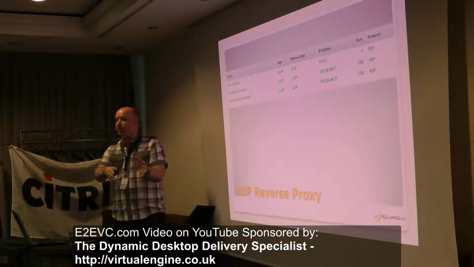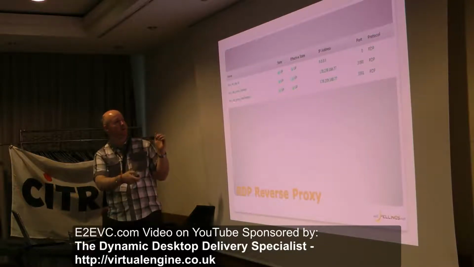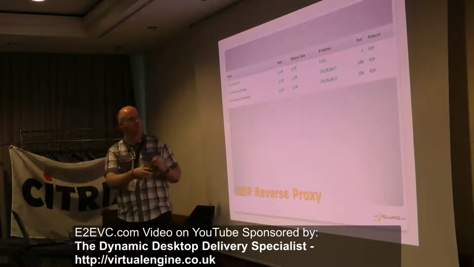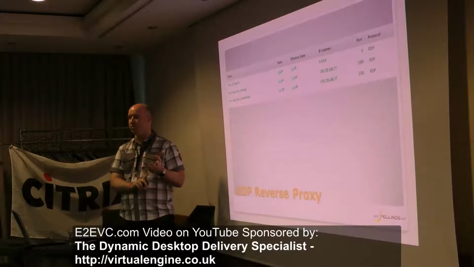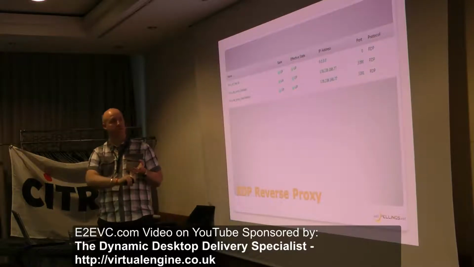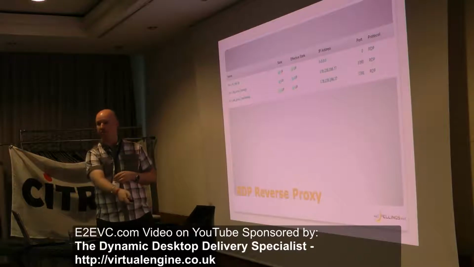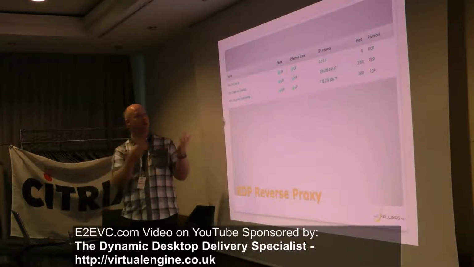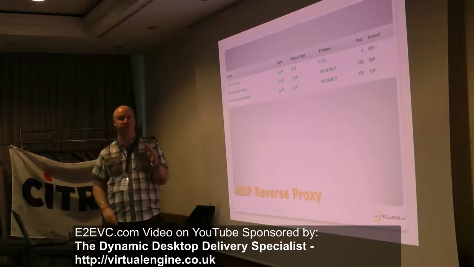So if I have a NetScaler device, I can set up various RDP proxies that point to my internal servers. I can do that on a single IP address and just use different ports. So I set up multiple vservers in the NetScaler. So I've got one on 3390, 3391, and you just keep using different ports. And then you can RDP on the same IP and get to a whole range of different servers in the back end. That's quite useful.